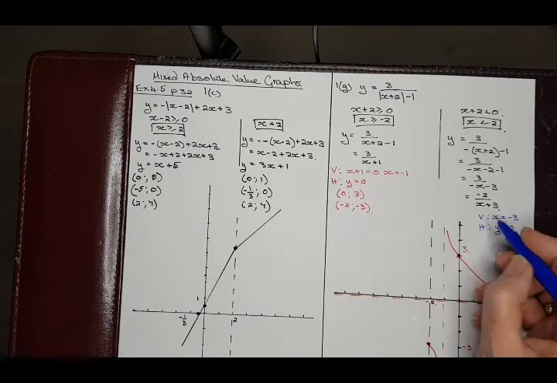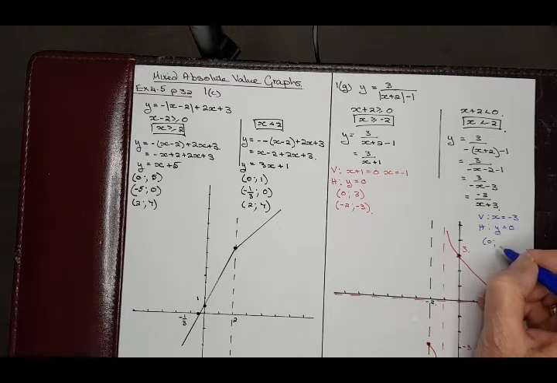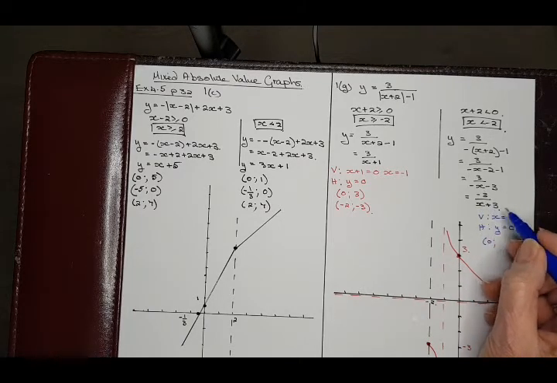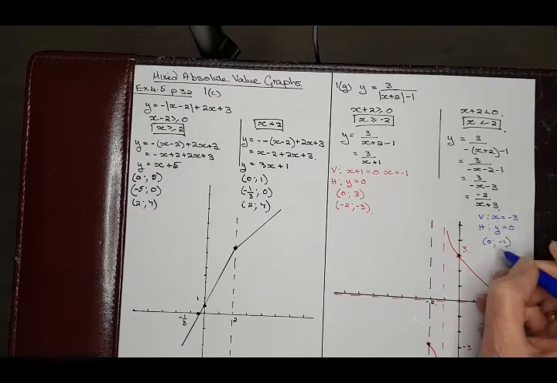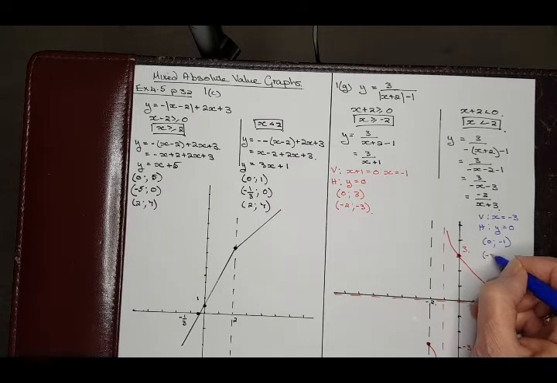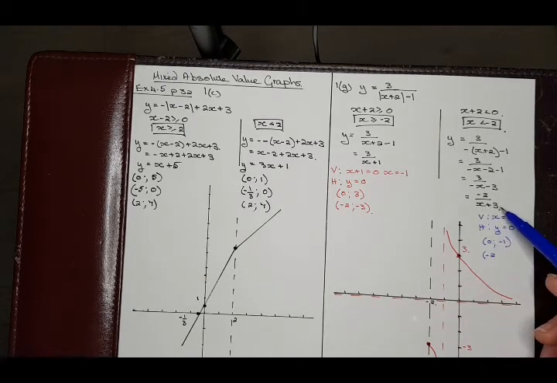If x is equal to 0, my y value would be minus 1. And if x is equal to minus 2, minus 2 plus 3 is plus 1, and minus 3 divided by 1 is going to give me that minus 3. So again, I'm picking up this point over here.